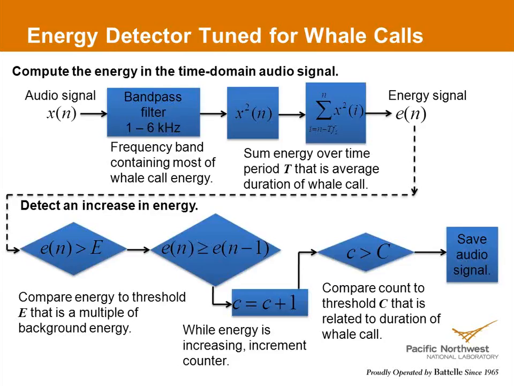And then when the energy increases, in other words, if the signal has a duration, it's not just a single impulse, then after a period of increases in energy, that part of the signal is written to storage and kept for further classification work. Next slide.